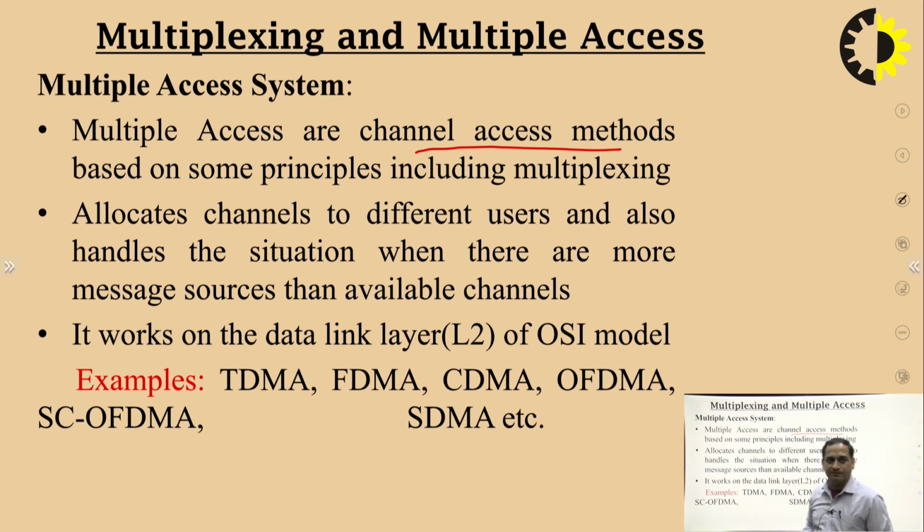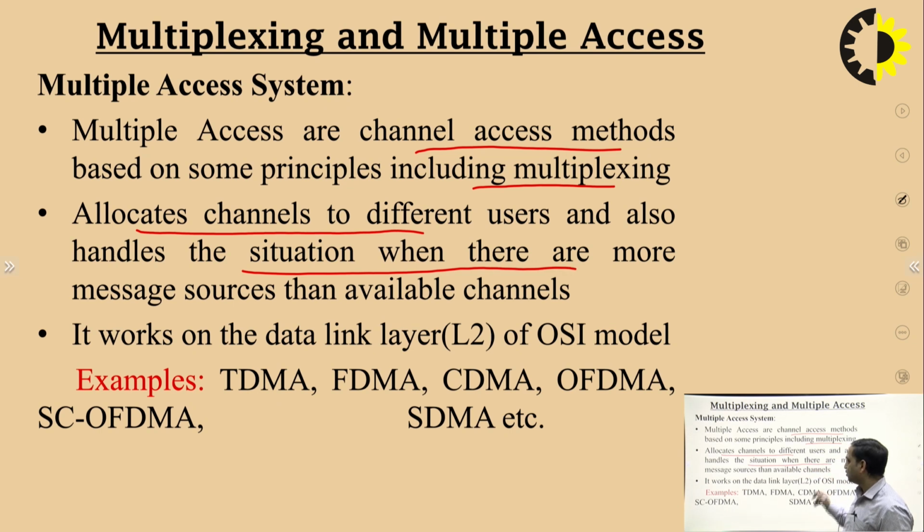These principles basically include multiplexing also, and it allocates the channels to different users and also handles the situation when there are more message sources than available channels. It works on the data link layer, that is L2 of the OSI model.